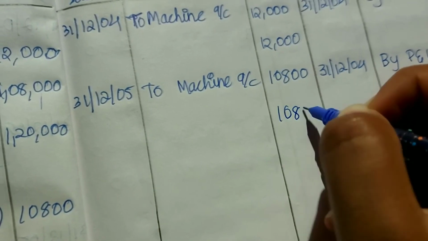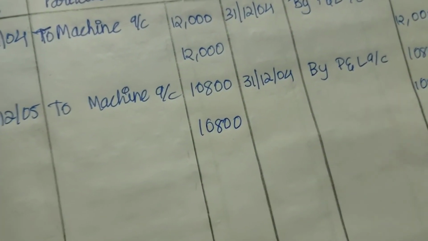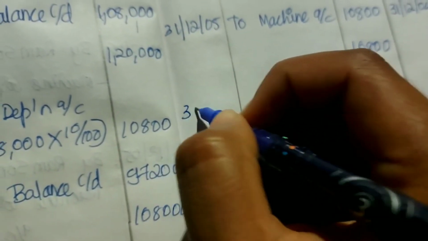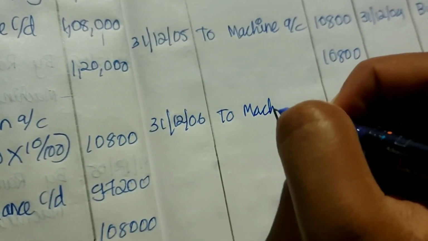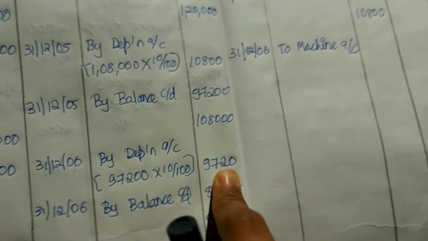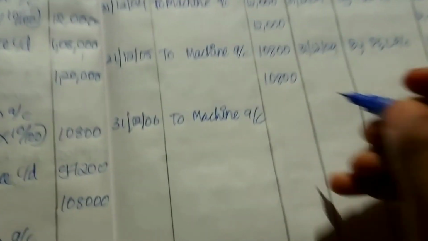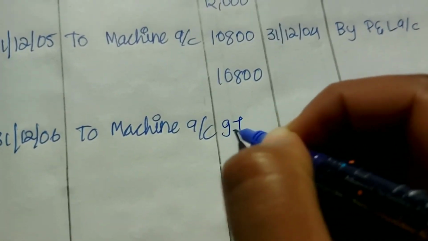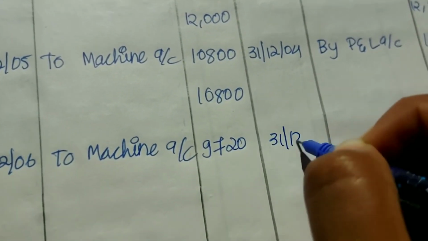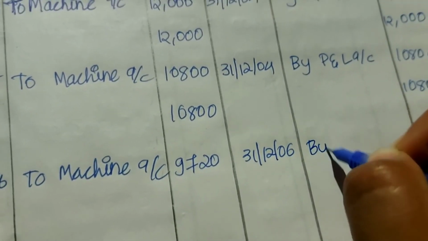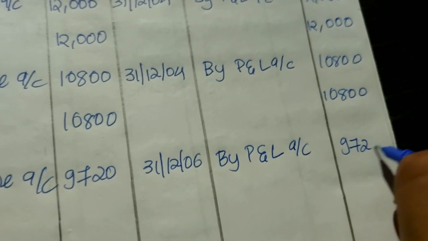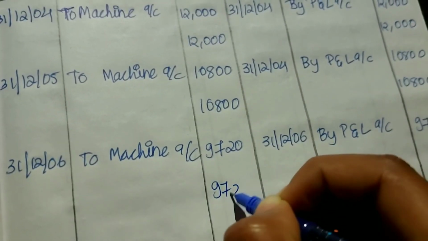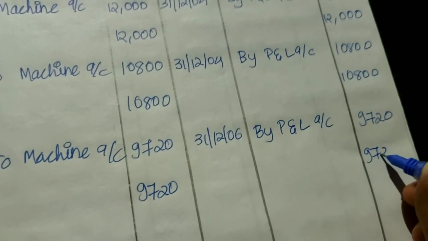Tally it, 10,800, 10,800. 31st 12 2006, the last year's depreciation value. You can see here 9,720. So we'll write that, 9,720, by profit and loss account. Let's tally it, 9,720, 9,720.